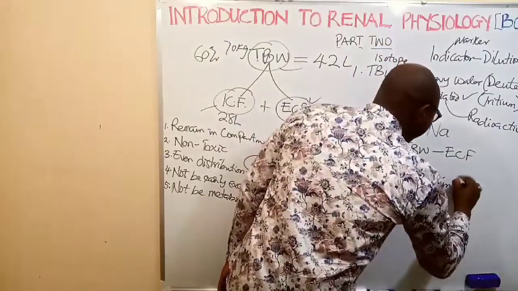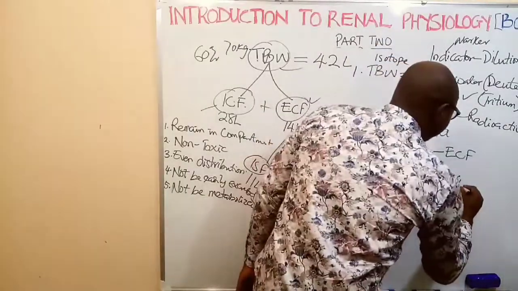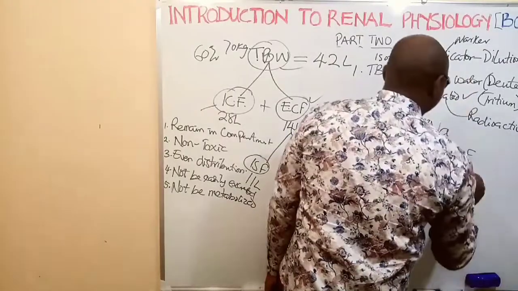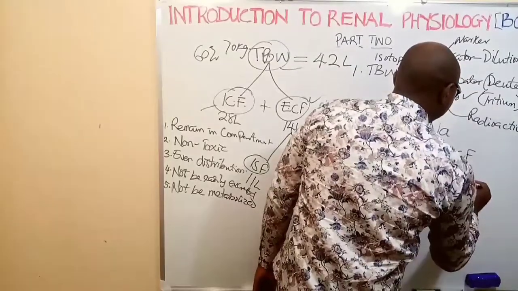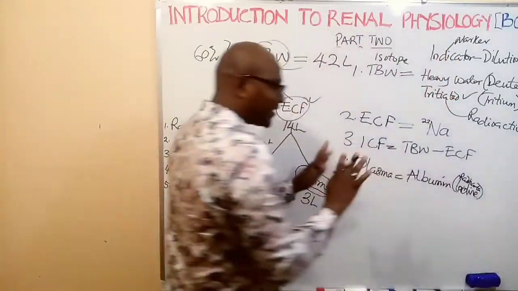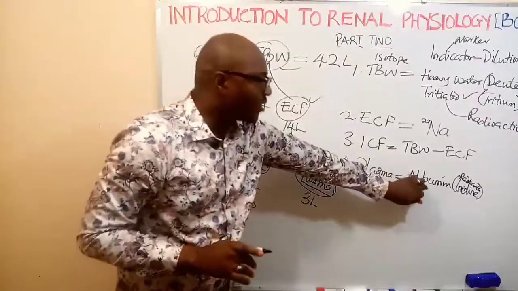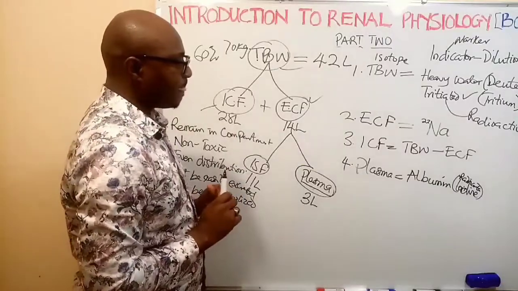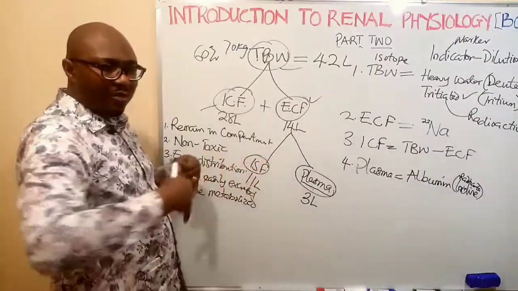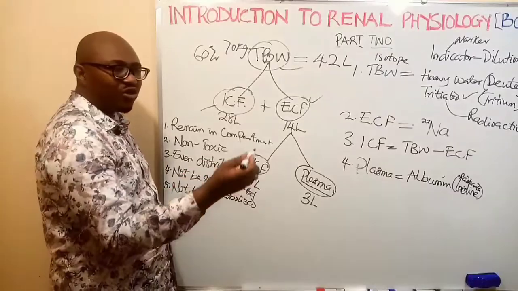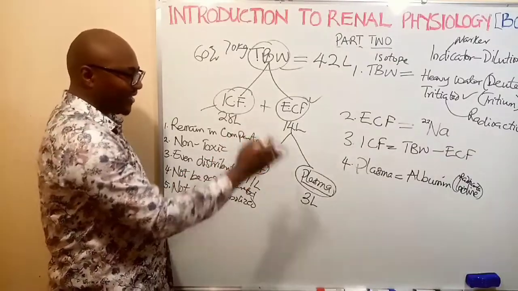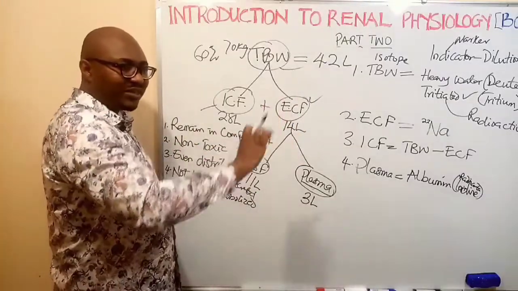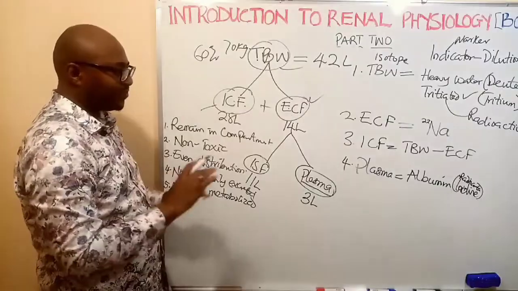The radioactivity is to differentiate it from the normal albumin, because your body has albumin normally. Albumin cannot cross the capillary membrane into the interstitial fluid, so it remains only within the plasma, the intravascular space.